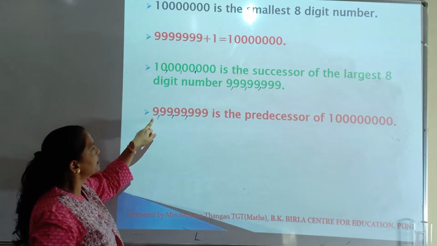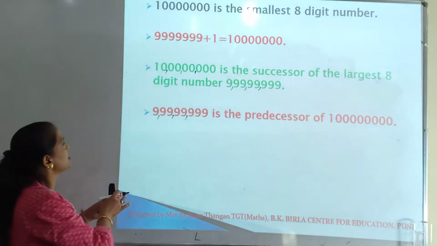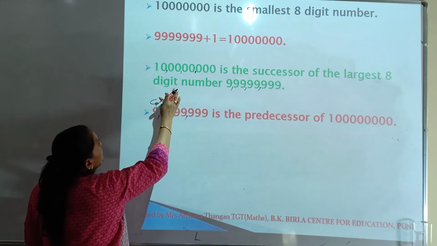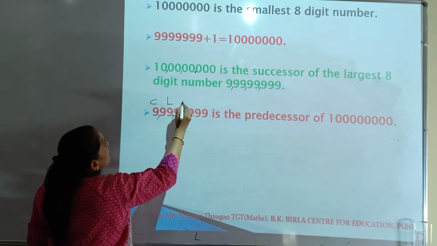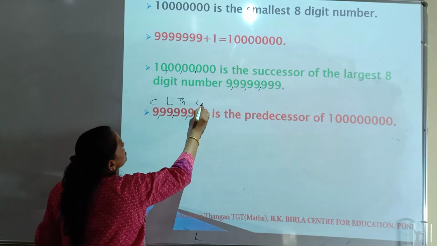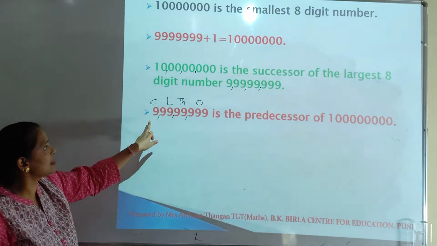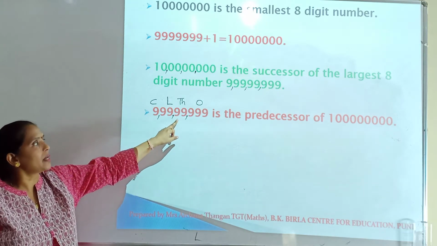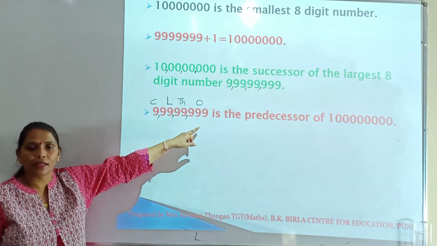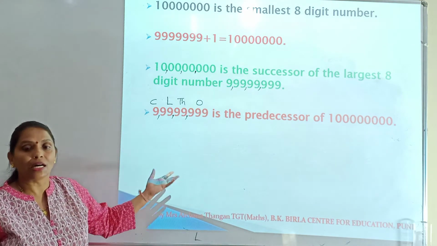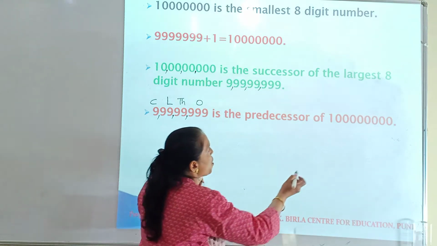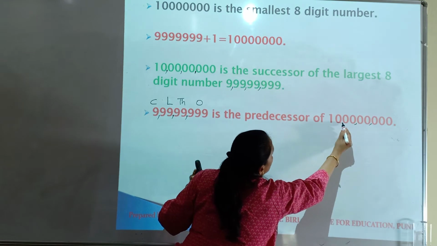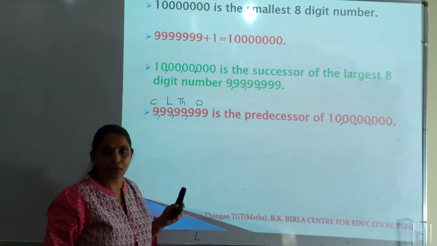This is 9 crore, the crore period. This is the lakh period. This is the 1000 period and this is the ones period. So how to read this number? 9 crore 99 lakh 99,999 is the predecessor of 10 crore.